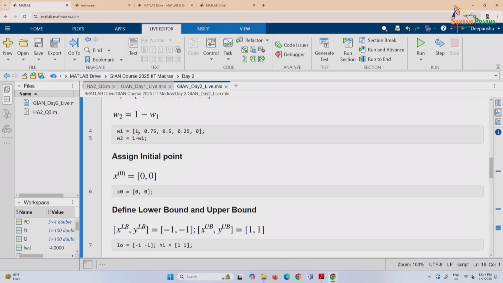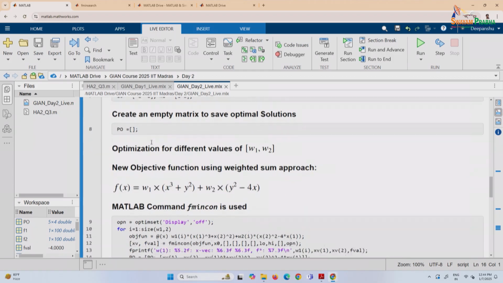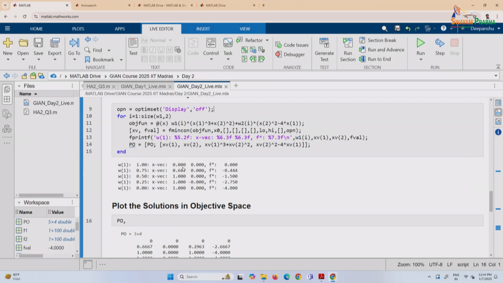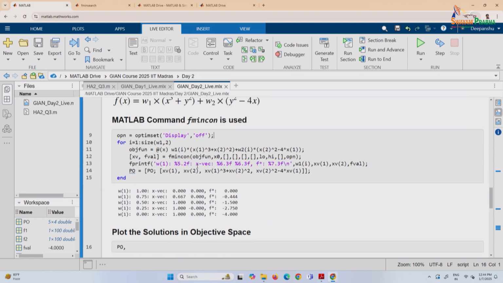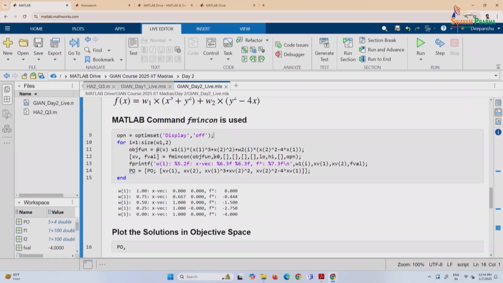The first one is 1, and then w2 is 1 minus w1. So cube, square, cube, square, square minus 4. When I minimize this, x1 should go to minus 1. I get 0, 0. That is strange. fmincon, objective function, 0. I'm starting with 0, 0, and it's kind of stuck there. Why?